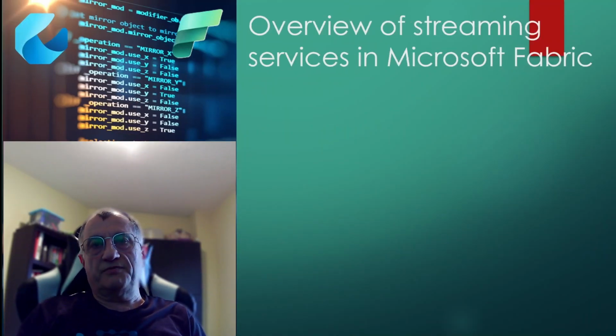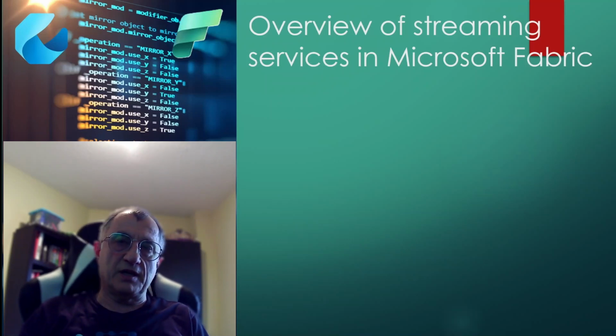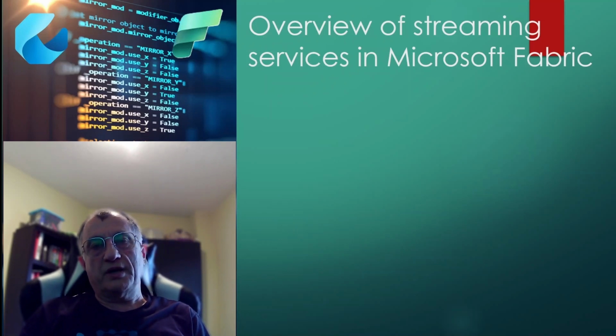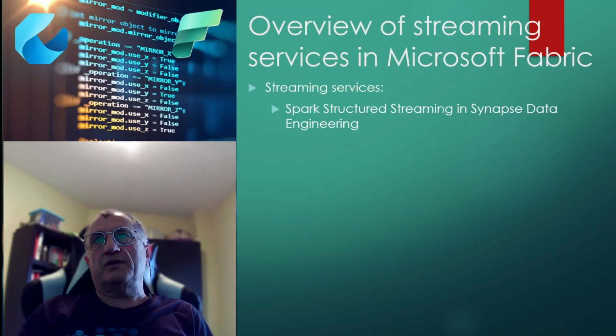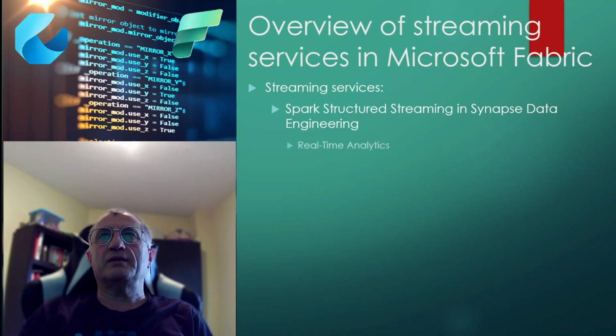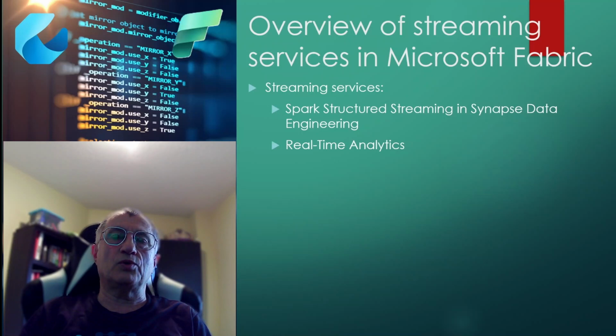Let's talk about different tools and services that are available in Microsoft Fabric to create streaming pipelines. On a high level, you can use Synapse data engineering and real-time analytics workloads to create low latency streaming pipelines.